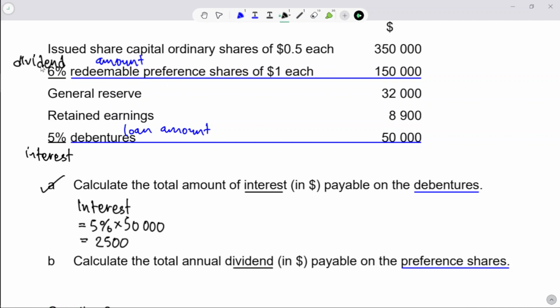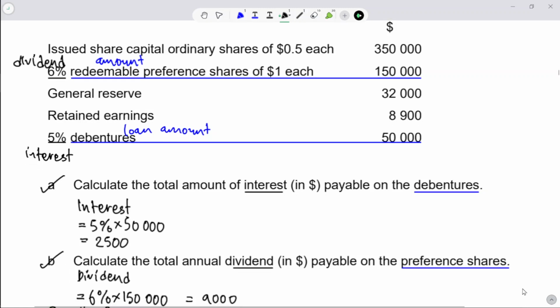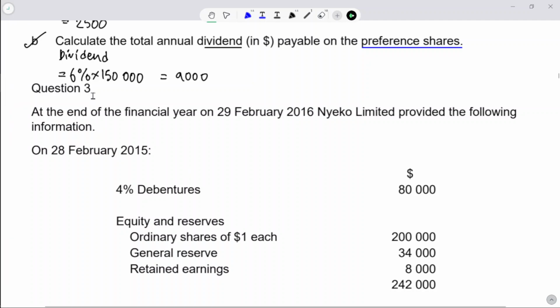So the dividend equals 6% times 150K, and you get 9,000. Okay, now go to question 3.